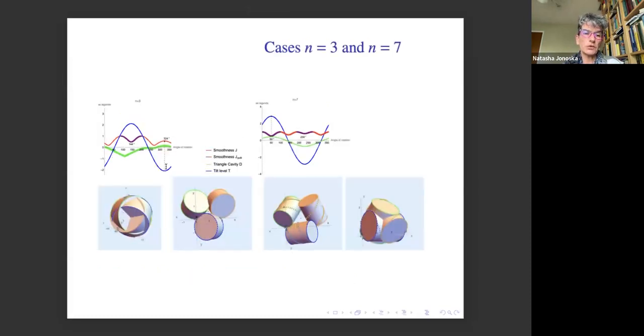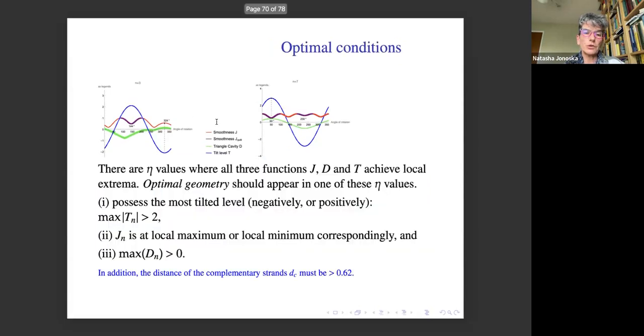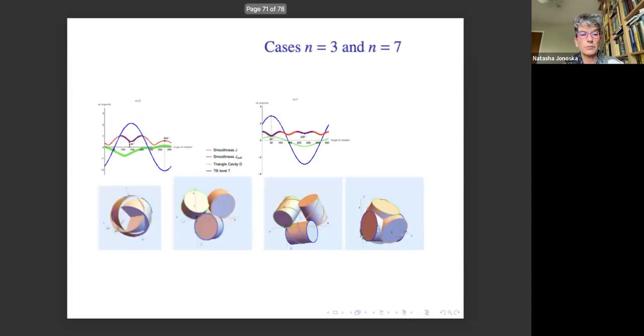So this curve, if I am in this location, the green is the smoothness, right? The blue is the tilt level of the cylinder, and the green is the distance, the cavity inside the triangle. If I have a positive cavity for n equal 3, for 3 nucleotides from junction to junction, then I get this nice cylinder position. They're left-handed.